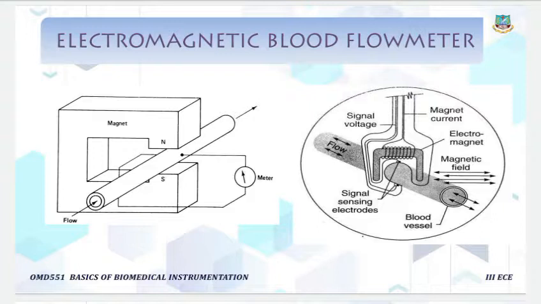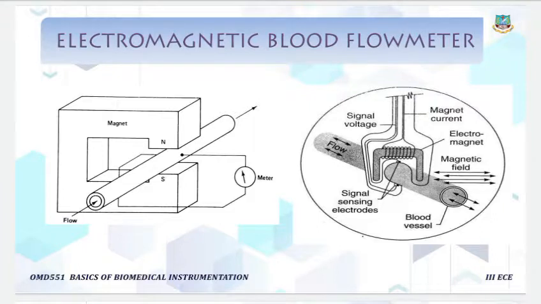It is used to check whether blood is flowing correctly, or whether there is any block or problem in the blood flow level. All that will be identified using this blood flow meter. It works based on the principle of electromagnetic induction.